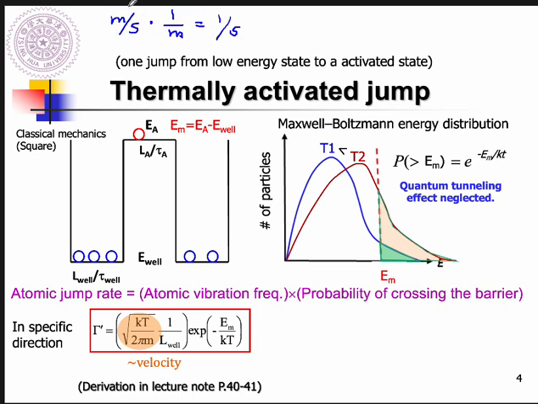And some people were probably curious about why the velocity is written here. You can think of it this way. Thermal energy, this is energy, right? And do remember it is mass times velocity squared. So if you want to write down the velocity, it should be square root of kT divided by m.